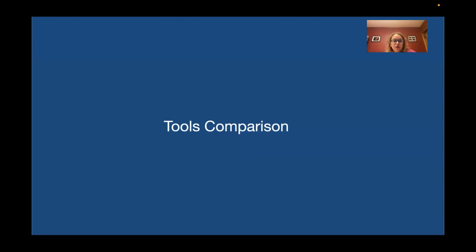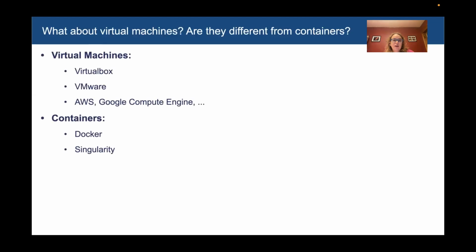So, a short tools comparison. When we think about containers, you can often also think about virtual machines. Basically, there are two different technologies: virtual machines, which you might have heard about, like VirtualBox or VMware or AWS, and containers.